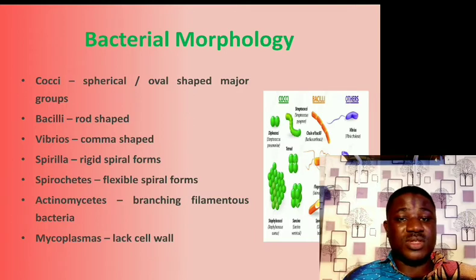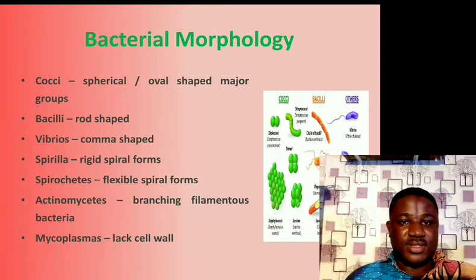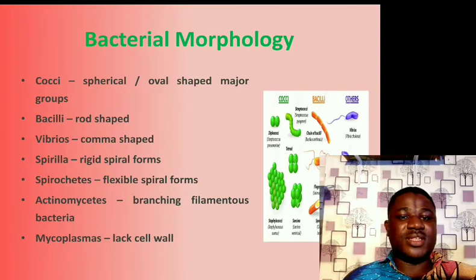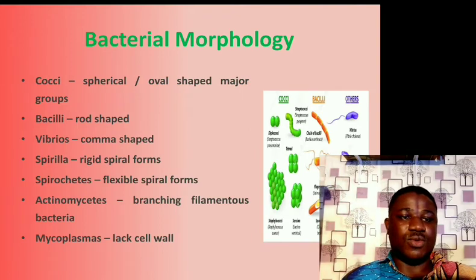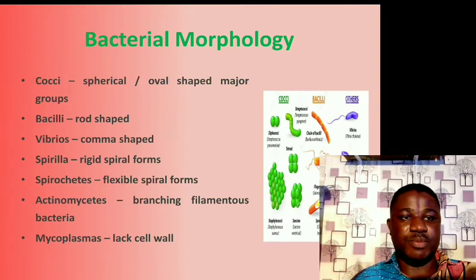So the difference is that the spirochetes are flexible, whereas the spirilla are rigid spirals. So that's very important. Actinomycetes are branching filamentous bacteria. We have mycoplasmas that lack a cell wall, and that is also very important to note.